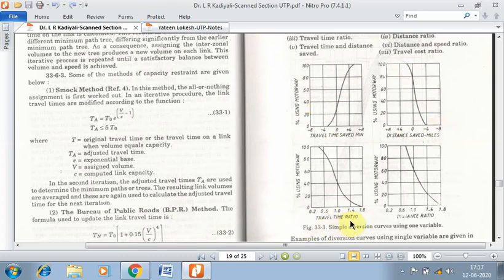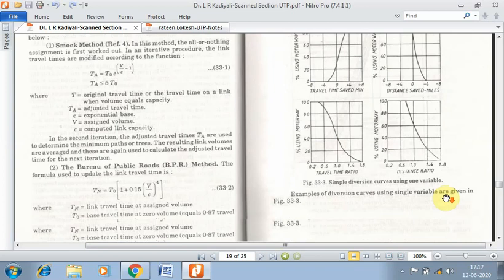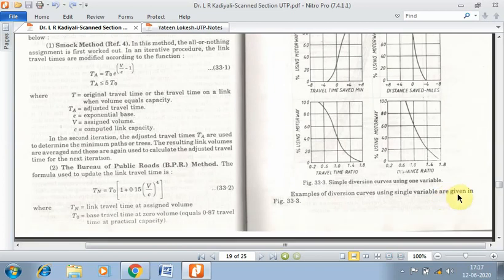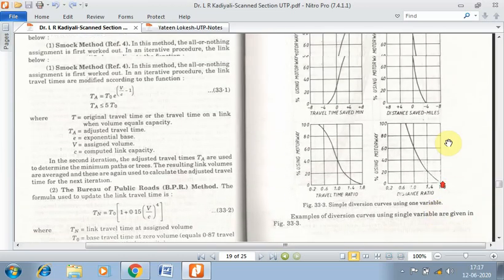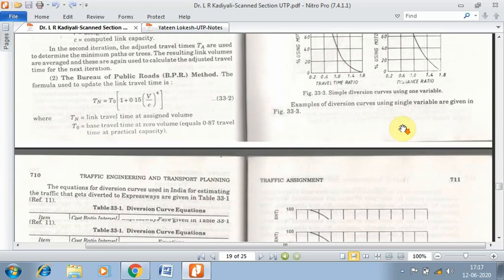Similarly, travel time ratio looks like this. So these are some trends depicted here in this simple diversion curve representation using one variable. There can be multiple variables also, which I'll be explaining possibly ahead. Okay, so this is about the diversion curves.